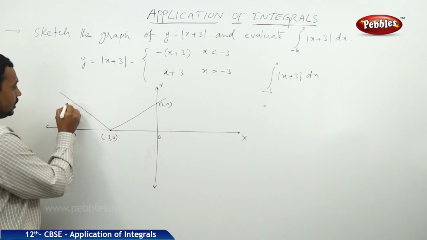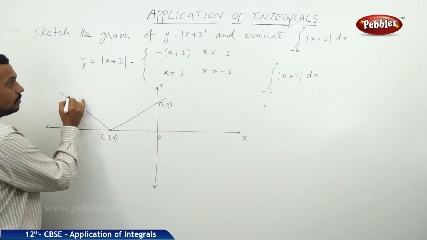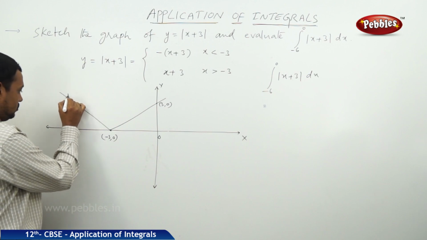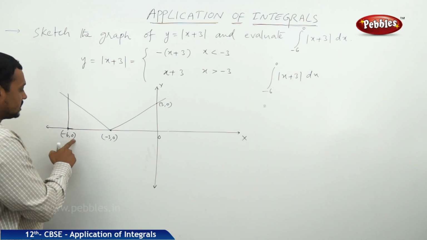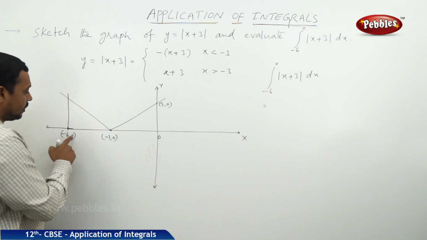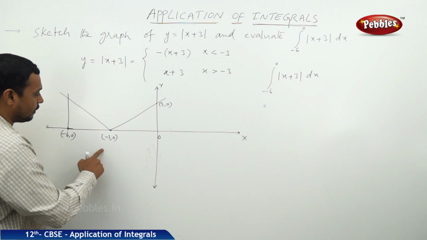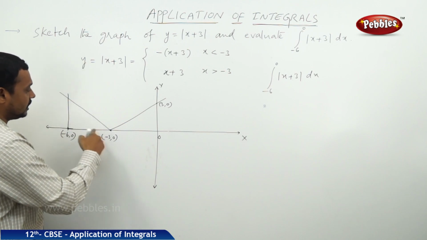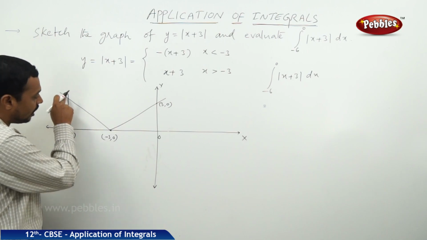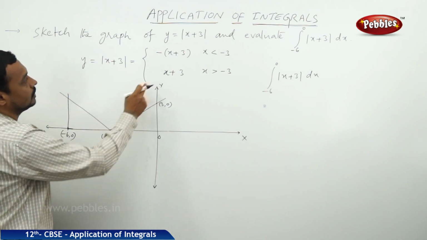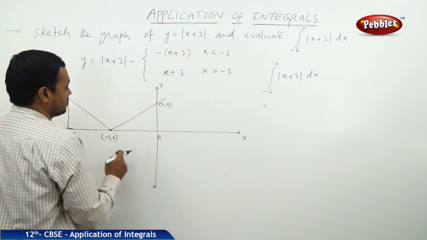Now here in this interval, consider this one. At minus 6 comma 0 to minus 3 comma 0, we get the area like this. This is the area formed by the straight line y is equal to minus of x plus 3.